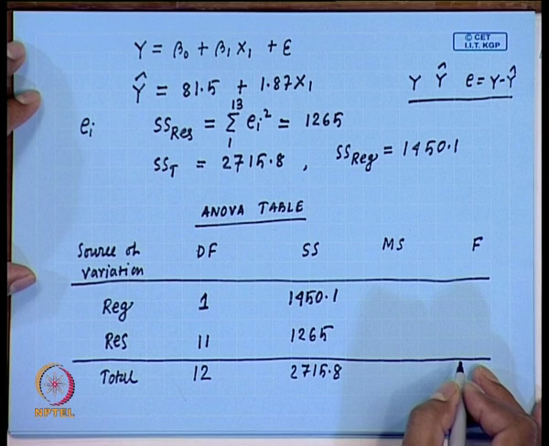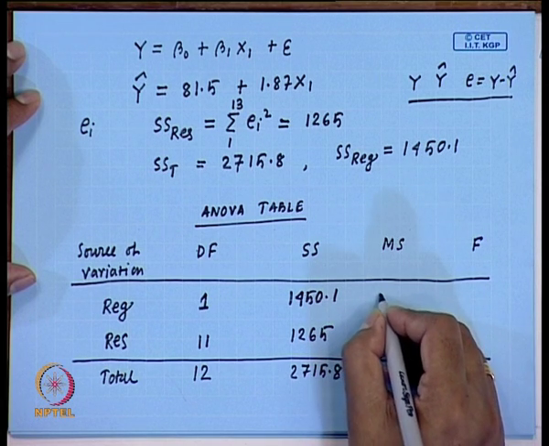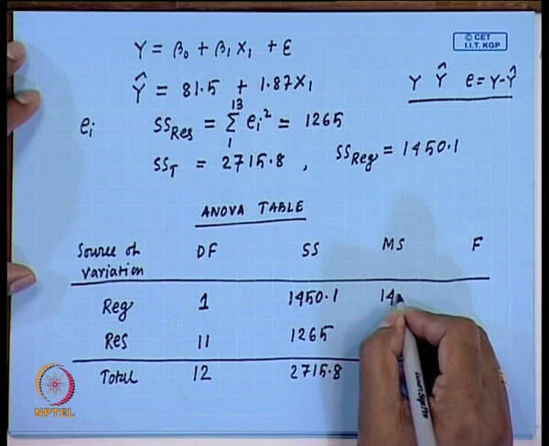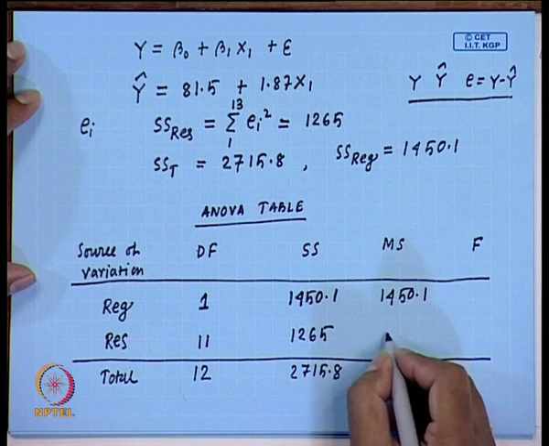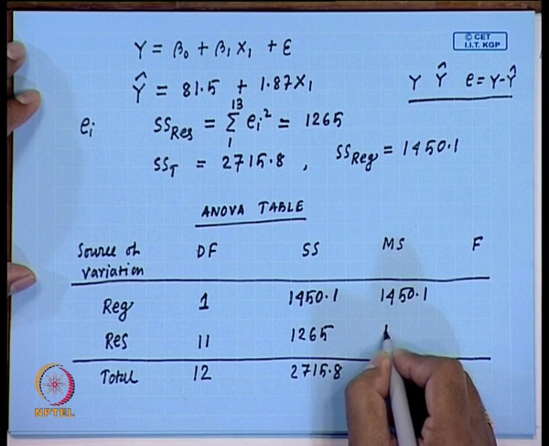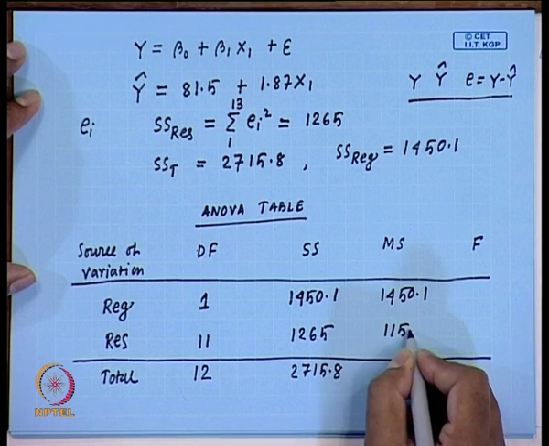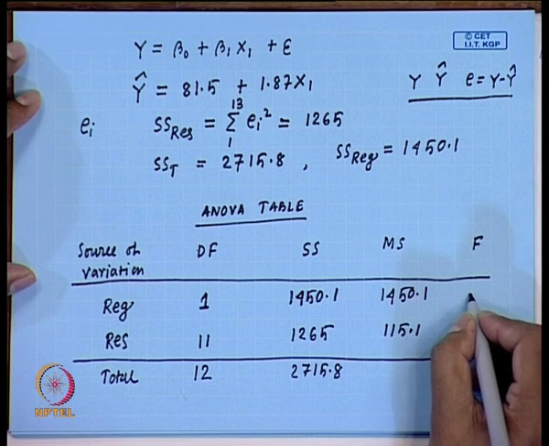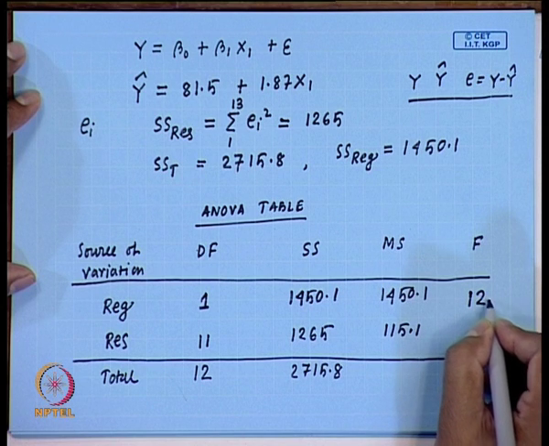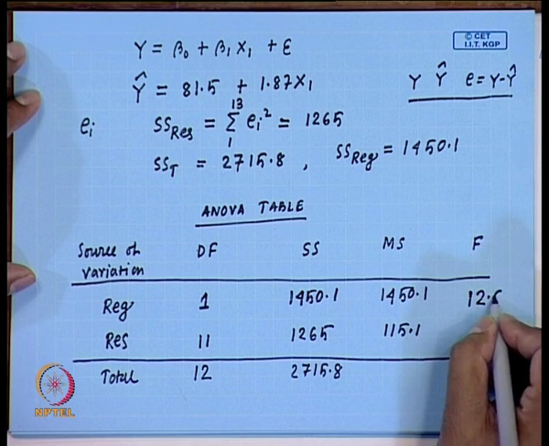The MS regression value is 1450.1, the MS residual is 115.1, and the F value is equal to 12.6.